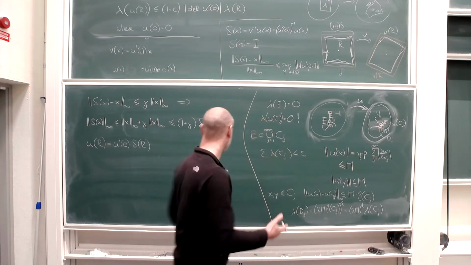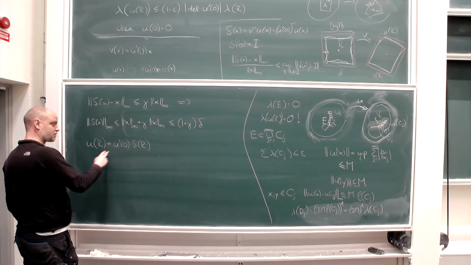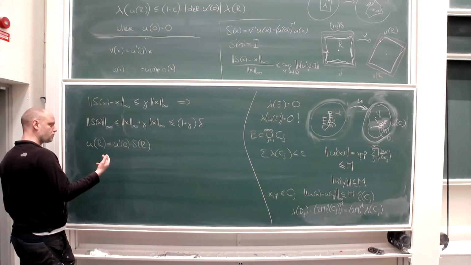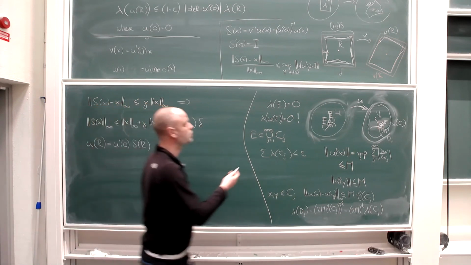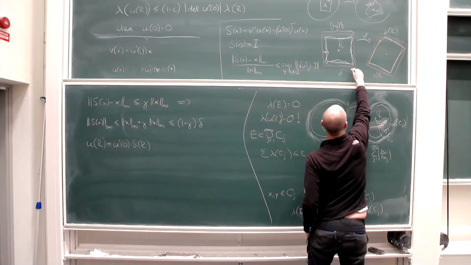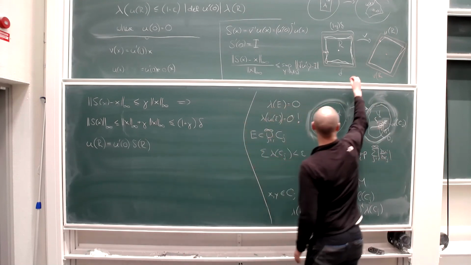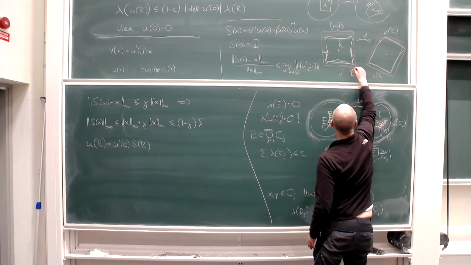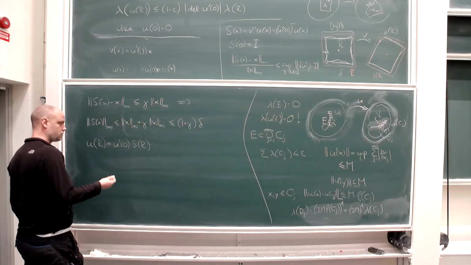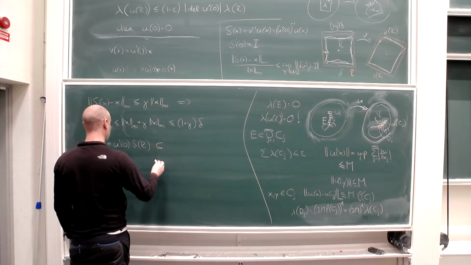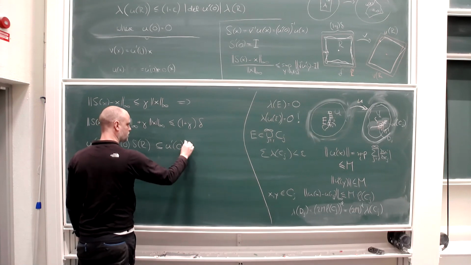So these two just cancel each other out. And what should we call this bigger rectangle, the red one? Let's call it R theta. So now this is a subset of U prime at 0 applied to R theta.